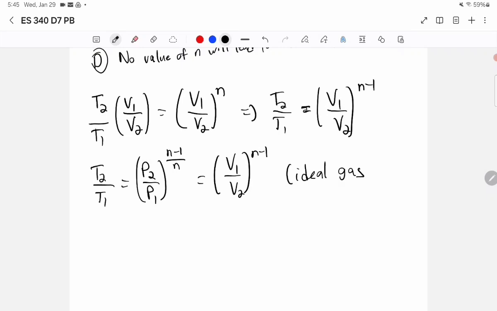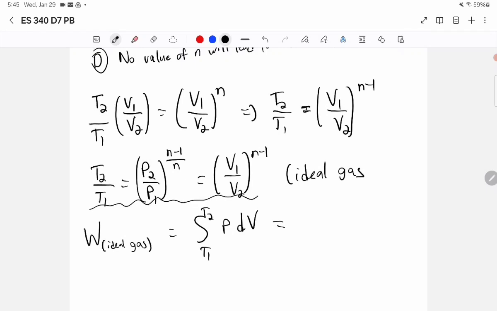And we can furthermore work this out, and we can figure out what the work would be in the case of an ideal gas. Well, that's equal to the integral from state 1 to state 2 of P dV. And it turns out that we can get a nice relationship for this by using these facts here.